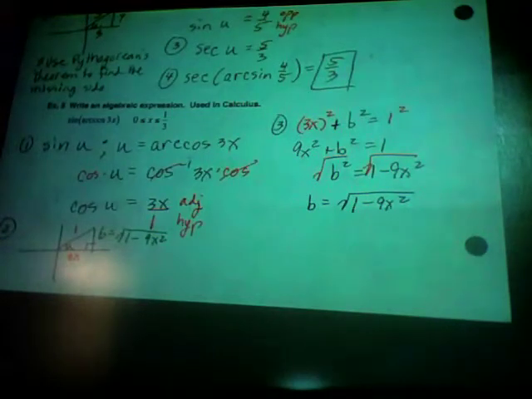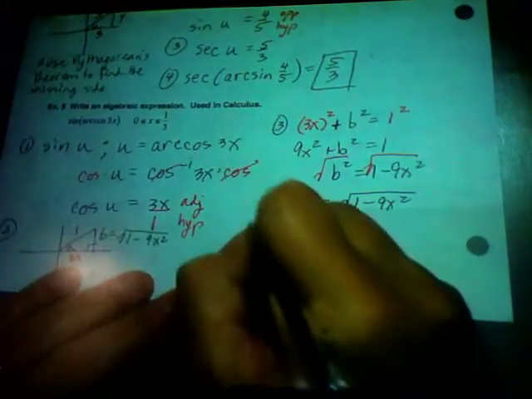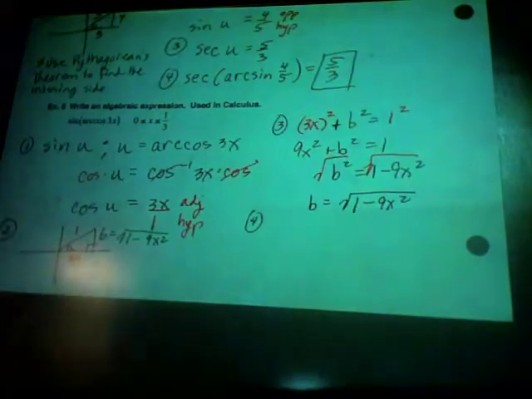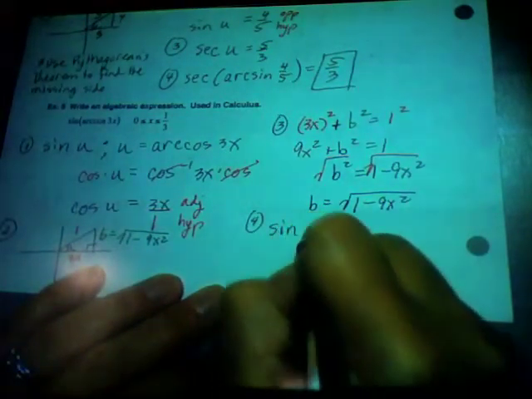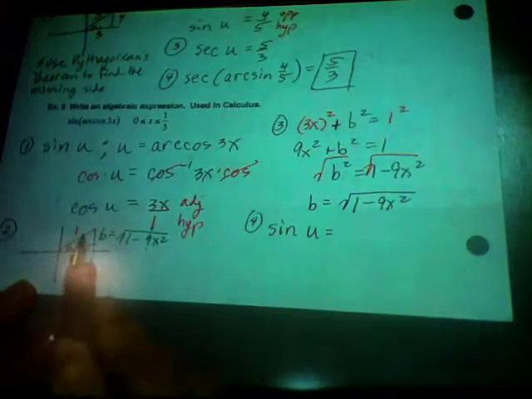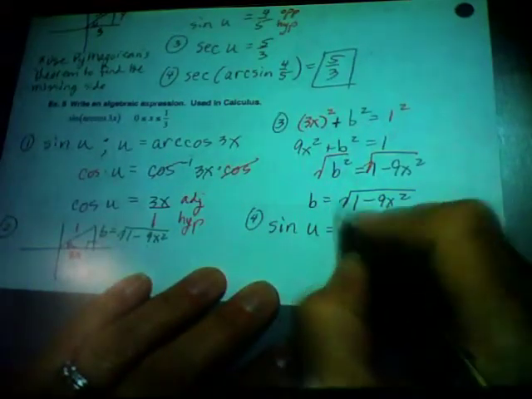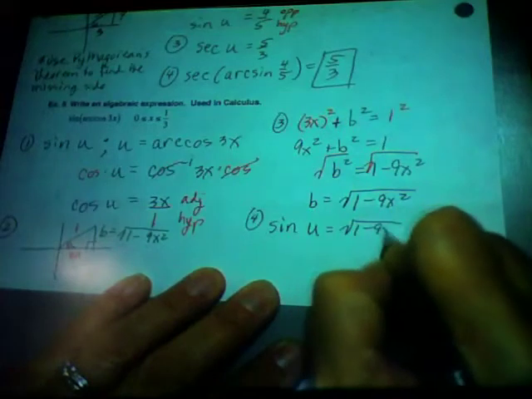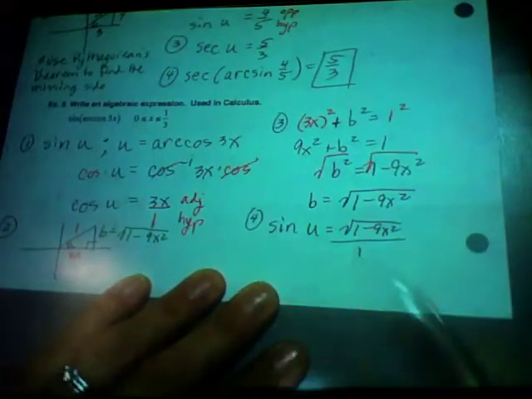All right, so now I know what my side opposite is, right? No. I really want to find the sine of u, the letter, which is side opposite over the hypotenuse. So the side opposite is the square root of 1 minus 9x squared all over 1.